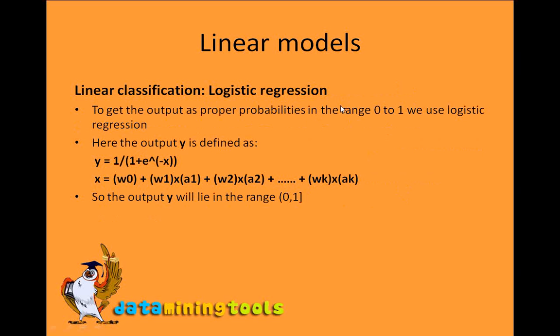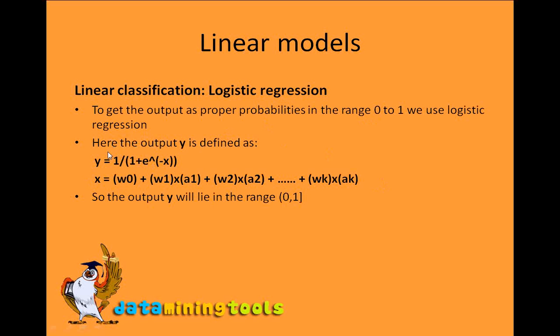To solve this problem, again for linear regression, we use a technique called logistic regression. To get the output as proper probabilities in the range 0 to 1, we use linear logistic regression. Here the output y is defined as 1 upon 1 plus e to the power minus x, and x is given by this equation.